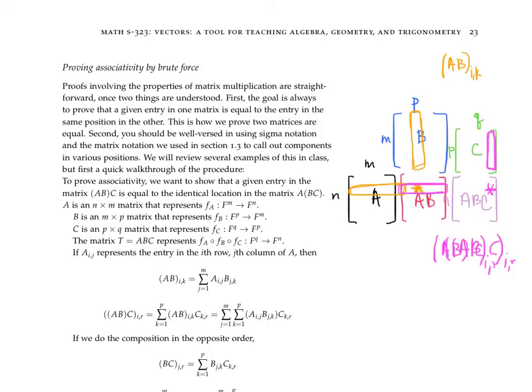We need to include a different index of summation. We used j before. And then we have the same column as this entry, but the row is changing, and it is going from 1 to p, because we know this has p different columns, and this has p different rows. And so we can write that like this, just like we did before, but doing AB and then C. And note that we're going to substitute in what (AB)_ik is.